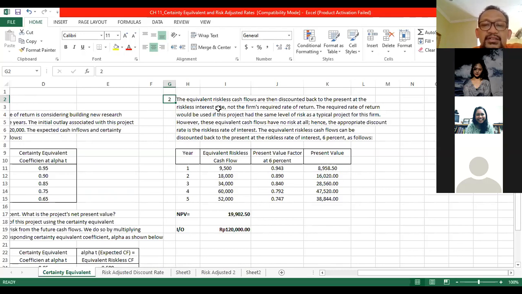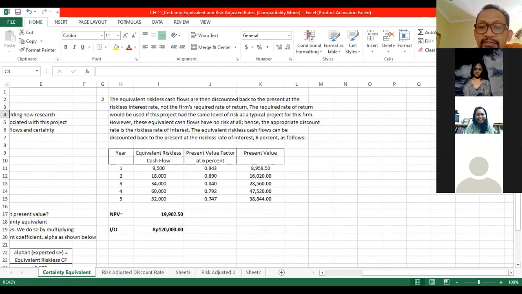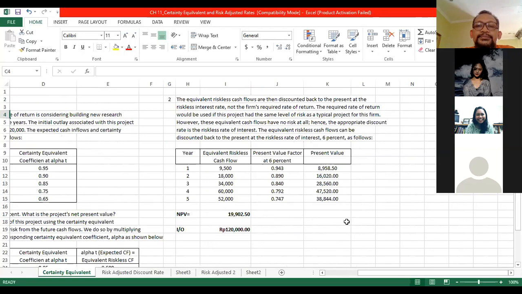The riskless interest rate is actually the 6% here. See, 6% is coming from here. So you don't have to multiply with your expected return, which is higher. For safety, you just use the 6%. The riskless interest rate is not the firm's required rate of return.